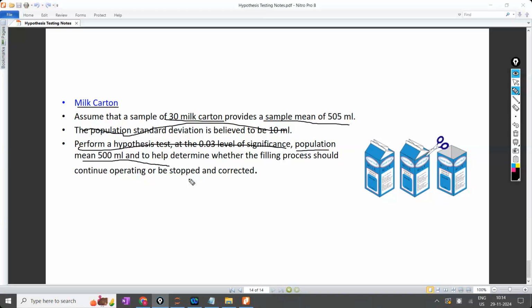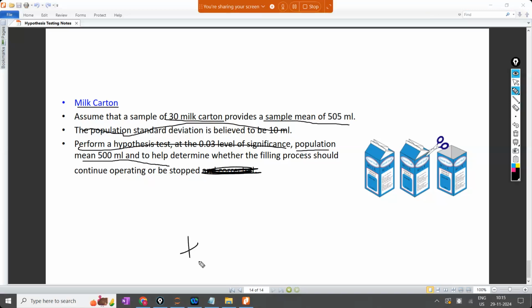Now they have to perform the hypothesis test, and from that they want to conclude whether the filling has to be continued operating or has to be stopped. Up to here the question was given: whether filling has to be corrected or stopped. If this is the question, up to here it is done by the inspector. The inspector is checking. According to the inspector, when will he take action, and when will he not take action?